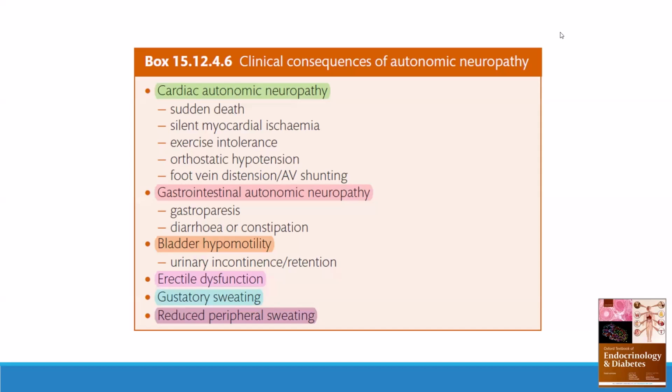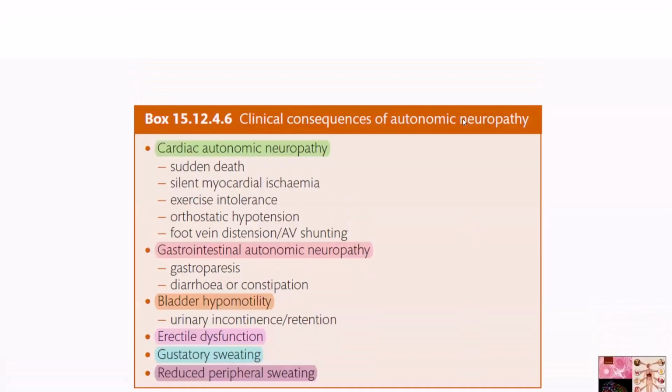Let's continue with autonomic neuropathy. It may be cardiac autonomic neuropathy or gastrointestinal autonomic neuropathy causing gastroparesis, diarrhea, or constipation, and bladder hypomotility, erectile dysfunction, gustatory sweating, and reduced peripheral sweating.